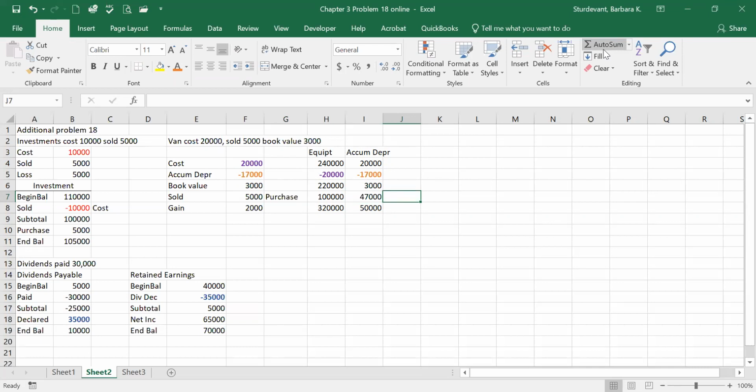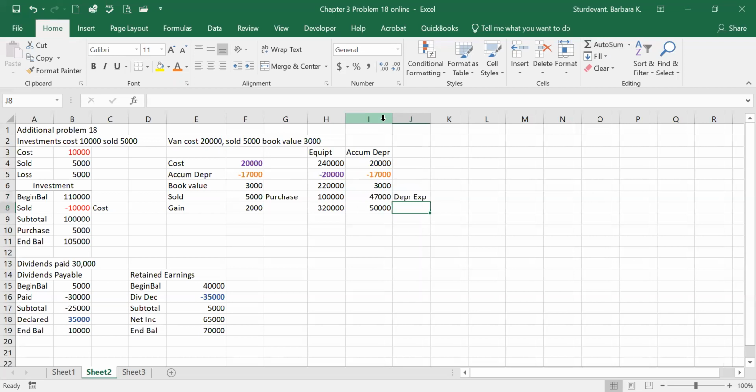Now, what is that 47? What increases accumulated depreciation? Depreciation expense. Correct. I actually have a question. Yeah, go ahead. Actually, I think I just answered it myself, but I'm going to ask it anyways. For the accumulated depreciation, you're removing the 17,000 because you're getting rid of the equipment, and therefore you're not holding on to it anymore.